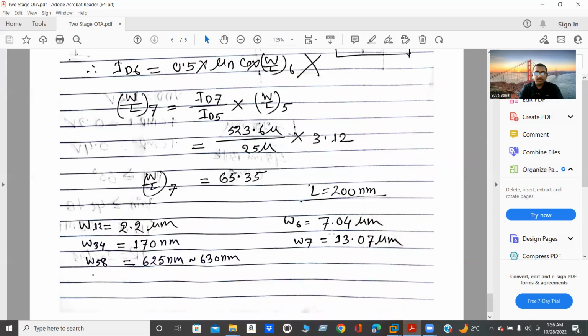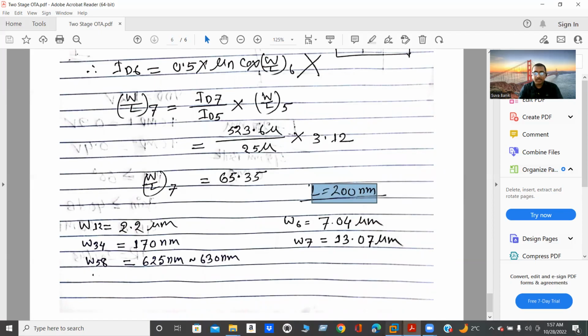However, this value is not guaranteed that you will find your desired output. To find your desired output, you might be play with this circuit, especially play with the W by L ratio, not L. My L is fixed, the W all of the transistors.